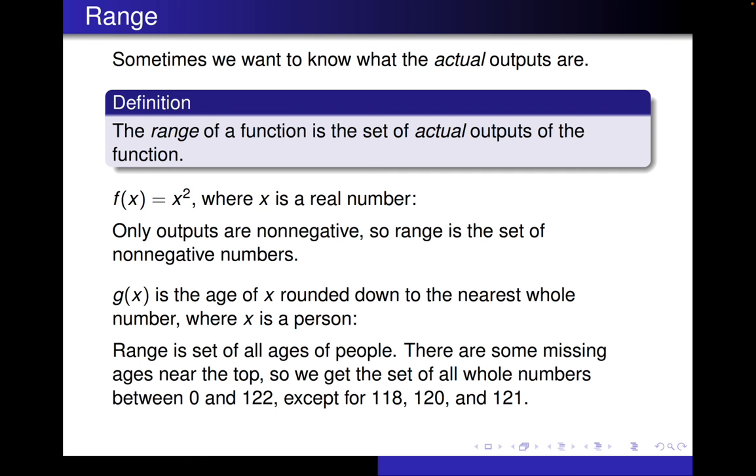That's the oldest right now, except we're leaving out 118, 120, and 121. So if we wanted to get the actual outputs, be really super precise about it, that is what the range is. And finally, for the set of ordered pairs, we're just looking for the actual outputs. So there it's going to be -1, 0, 5, and 7. Those are just the 4 different outputs that you get from that function, the 4 different y coordinates.